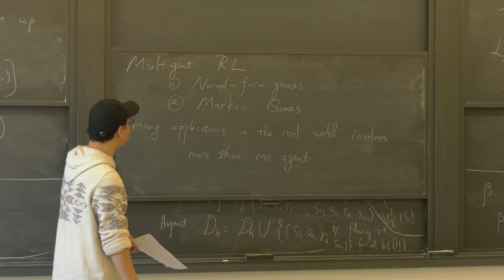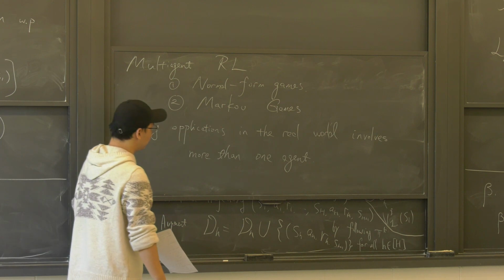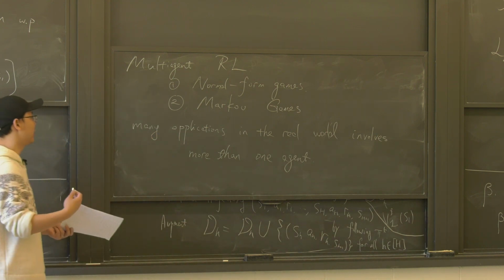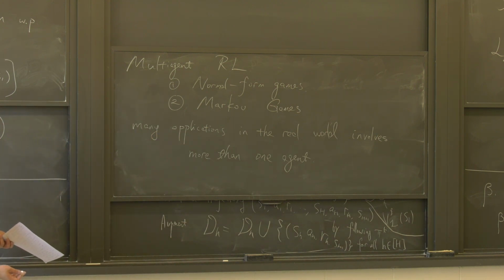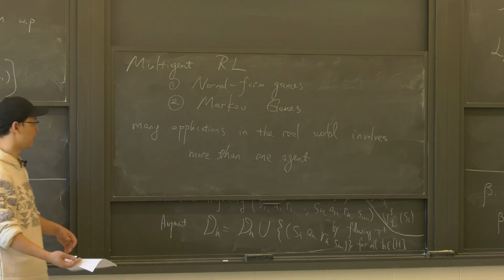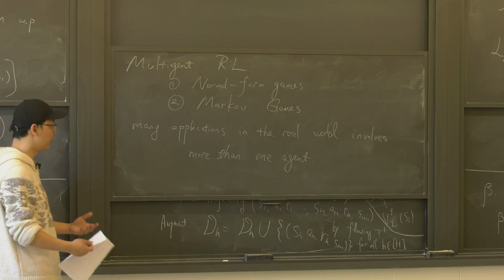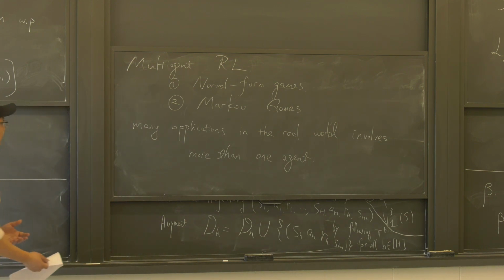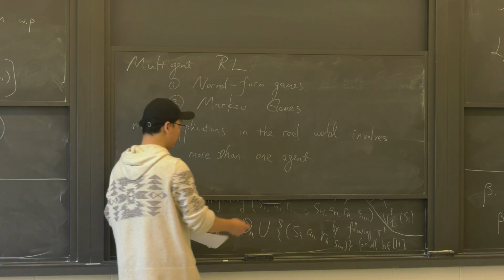So what is the major difference? One naive view of multi-agent reinforcement learning is to ask, why don't we just directly reduce it to the single-agent reinforcement learning problem, treating all other agents as an environment? Then it seems like we're going back to the single-agent scenario. Unfortunately, the answer is not that simple.